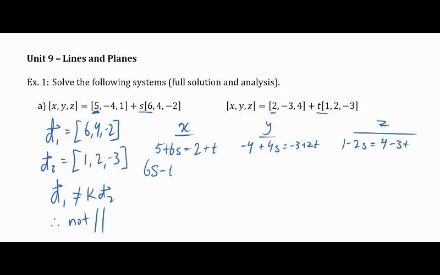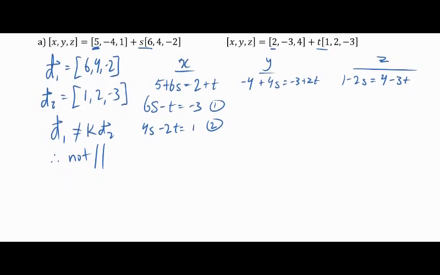6s minus t equals 2 minus 5, which is negative 3. Call that equation 1. Equation 2 is going to come from the y's in this case, so that's 4s minus 2t equals 1. So that came from y. I simplified y. And then I'm going to multiply equation 1 by 2 and subtract equation 2.